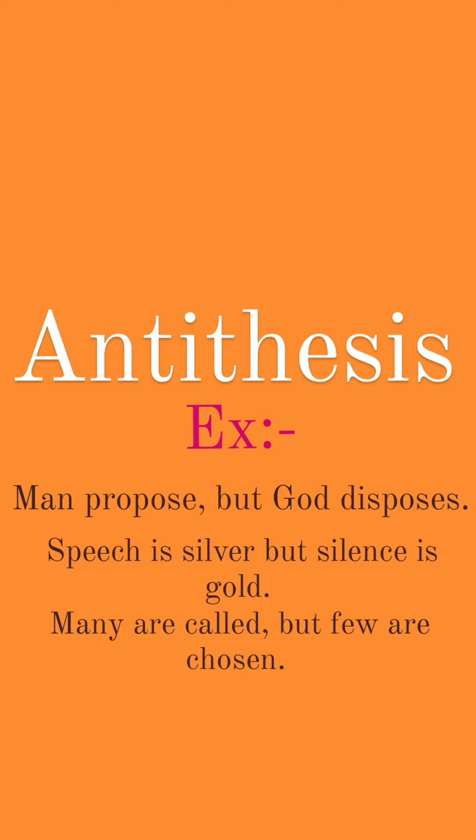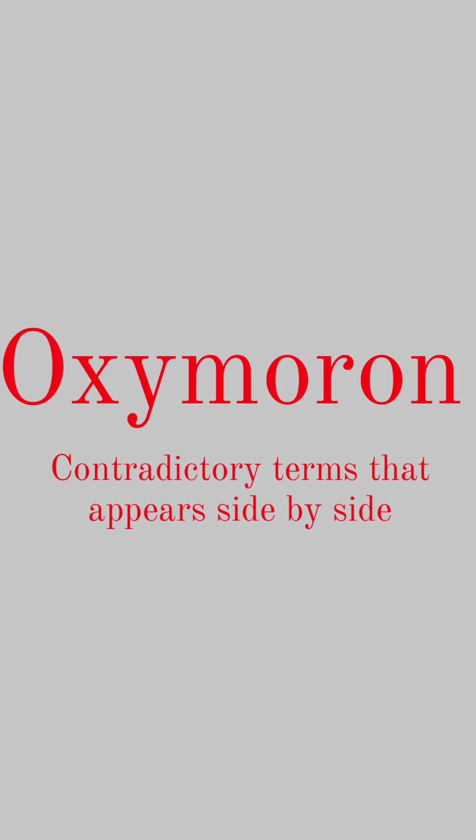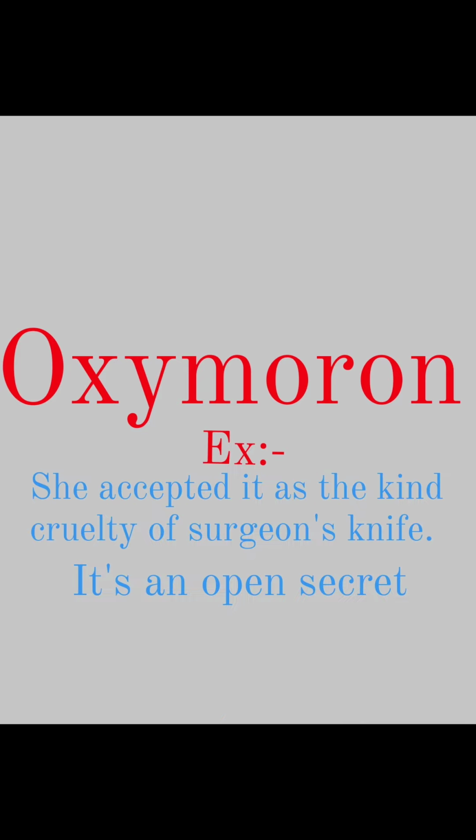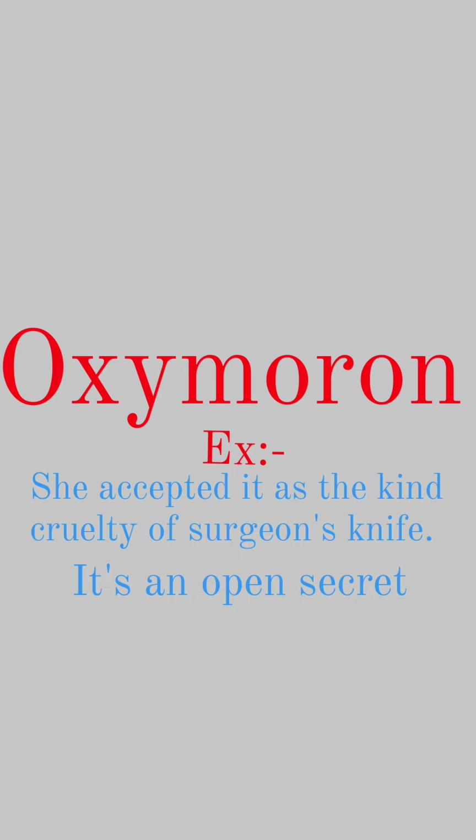Next we have oxymoron, a figure of speech in which contradictory terms appear side by side. You will get it by an example. For example, it is an open secret. Here are two things: one is secret and the second is open. So it is an oxymoron.